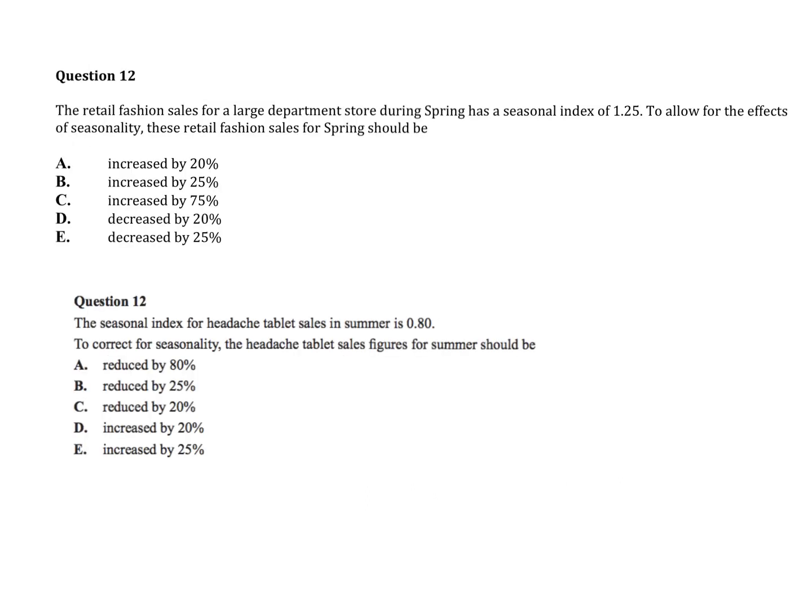Okay, in this one, the retail fashion sales for a large department store during spring has a seasonal index of 1.25. Now, to allow for the effects of seasonality, highlight these words, allow for the effects of seasonality.